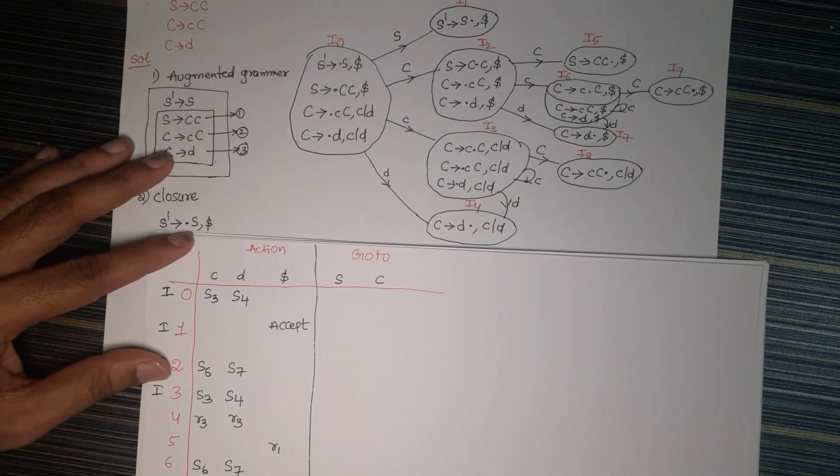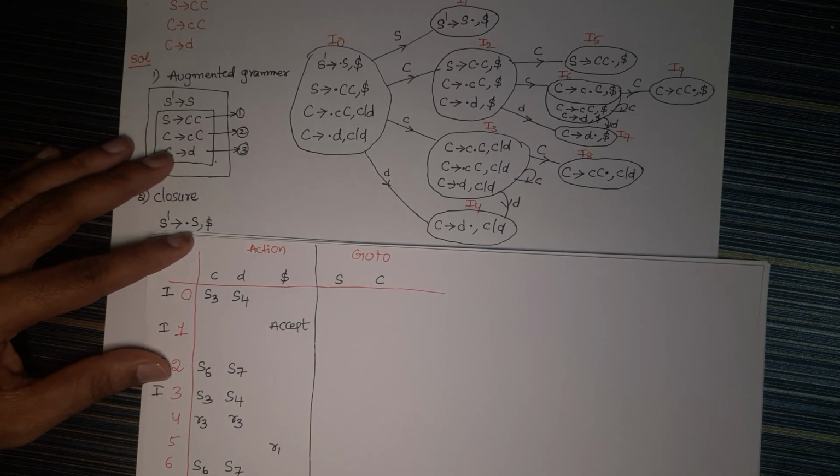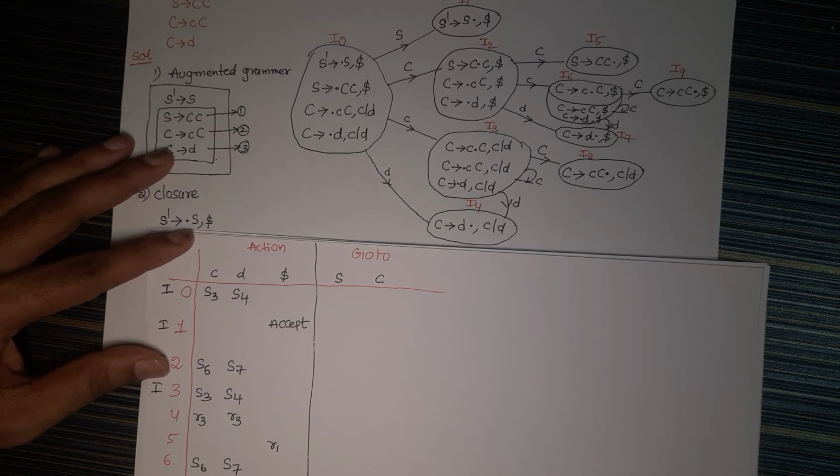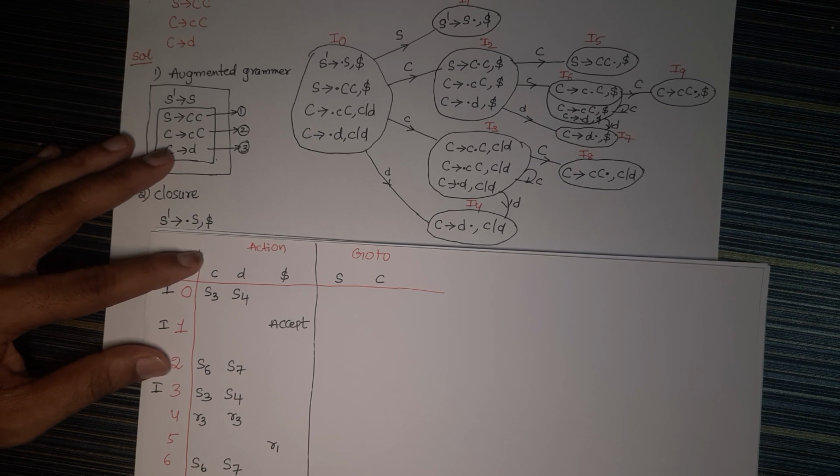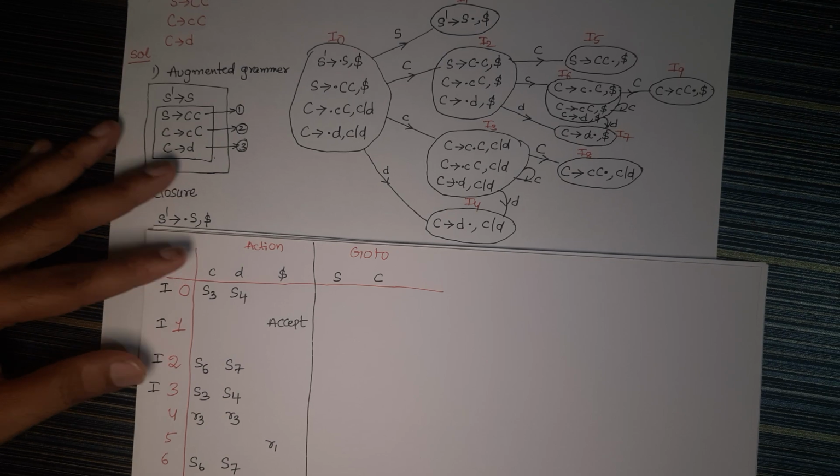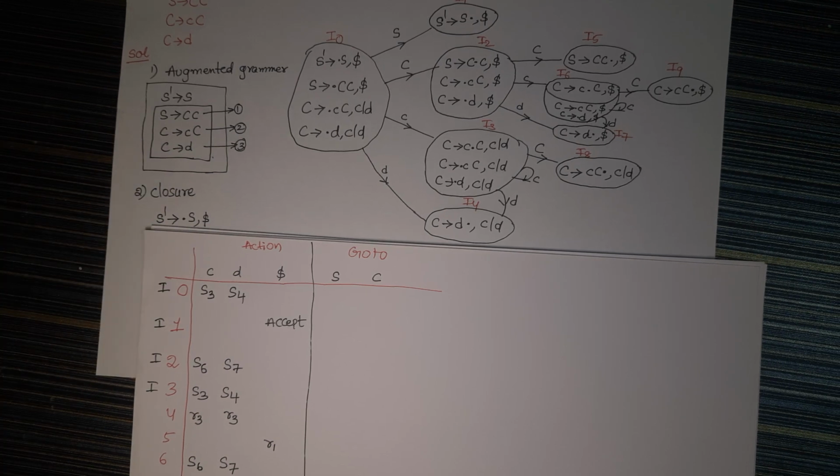Here, in I9, C tends to CC will be placed in place of dollar. This is R2. Okay, so like this we will place the values.